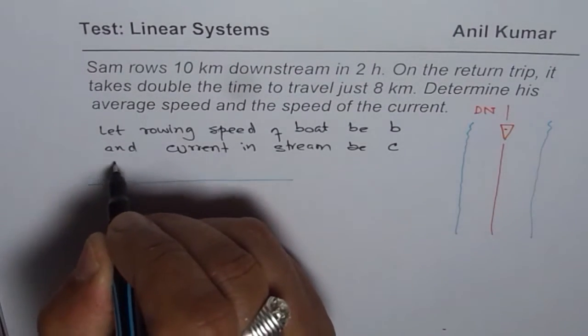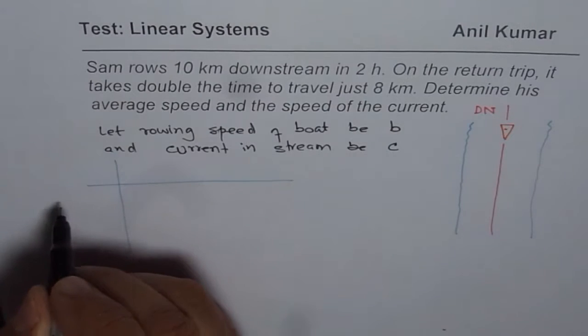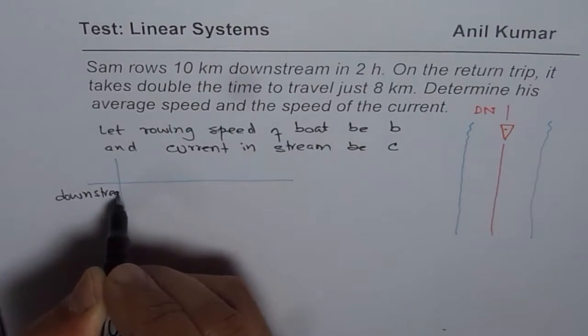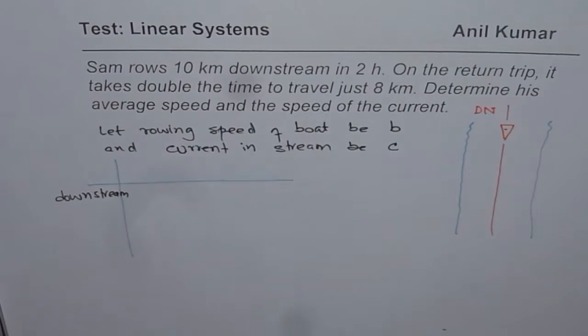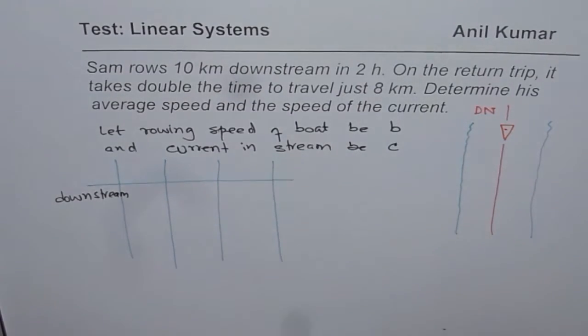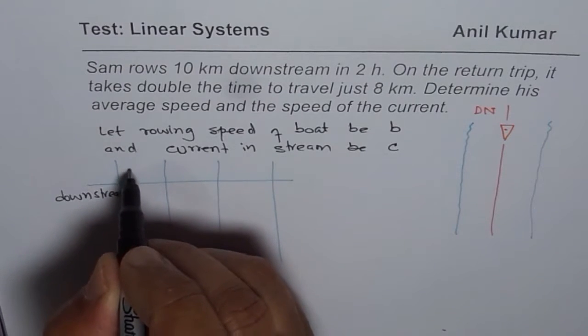In that case, when we are considering downstream, let me also make a table here. Tables help us to visualize the question, right? So we say downstream. What is the net speed? We'll say distance, speed, and time.